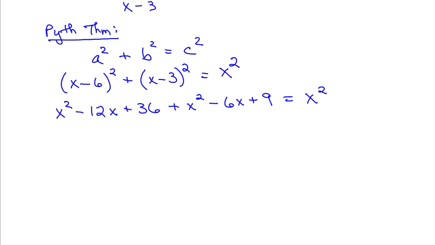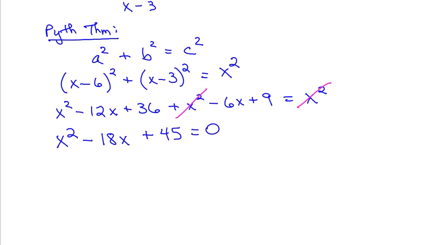To solve a quadratic, we move everything to one side. So I'll move the x squared from the right over to the left. When it comes over to the left, it cancels with one of the x squareds. Combine like terms, so we get x squared. Next, for the x's, we have minus 12x and minus 6x. So that's minus 18x. And then 36 plus 9 is 45.